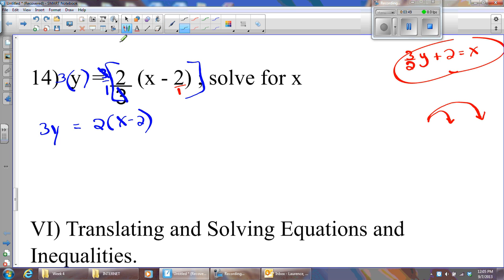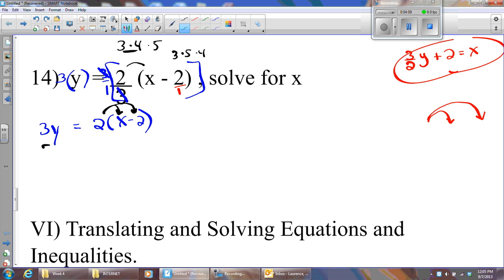Like if I had 3 times 4 times 5, I could get the right answer by doing 3 times 5 times 4, right? I don't have to do 3 times 4. So I don't have to do the distribution first. I can do this multiplication first, and then I'm ready to do the distribution here.